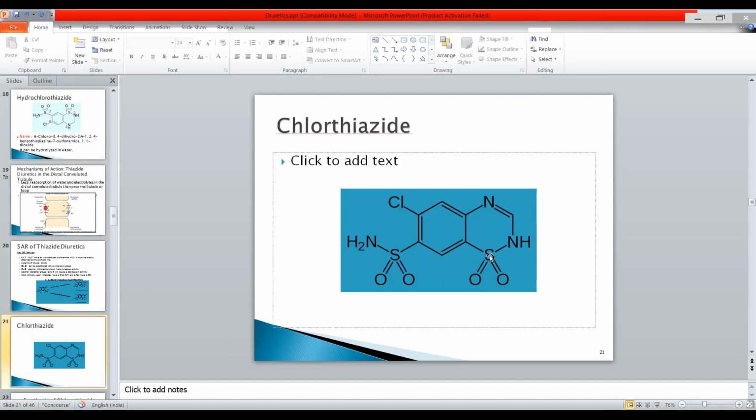This is 1. This is 2. NH is 2. This empty place is 3. And this nitrogen is 4.